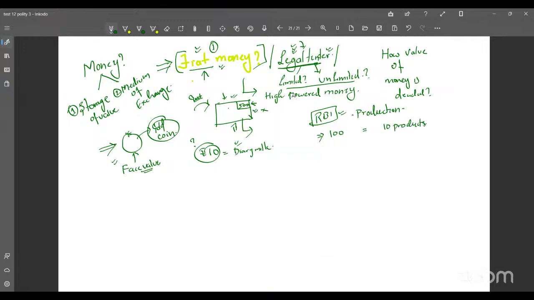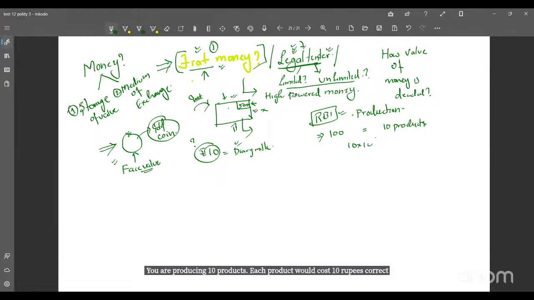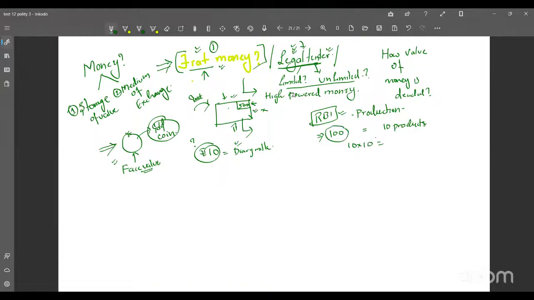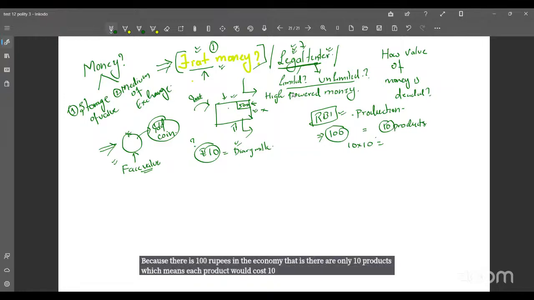You are producing 10 products. Each product would cost 10 rupees. Correct? Because there is 100 rupees in the economy and only 10 products, each product would cost 10 rupees. This is how the logic would work.